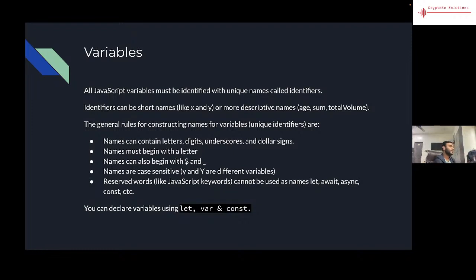Their identifiers can have short names like x, y, i, j, k. They can have descriptive names like sum, total volume, percentage, and whatnot, depending on your use case. The general rules are that variables can contain letters, digits, underscores, and dollar signs.